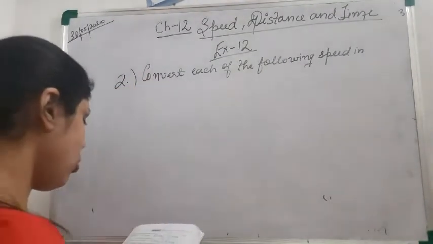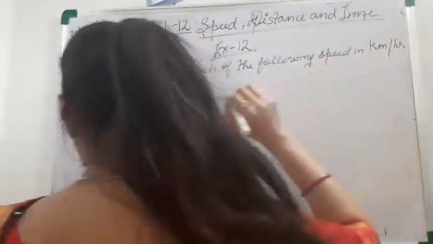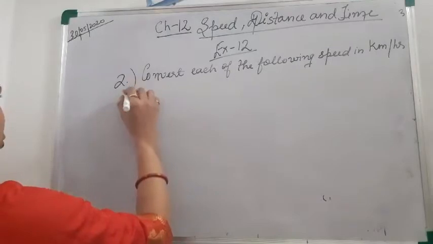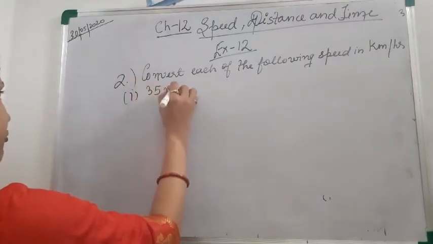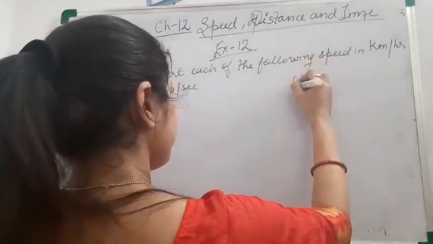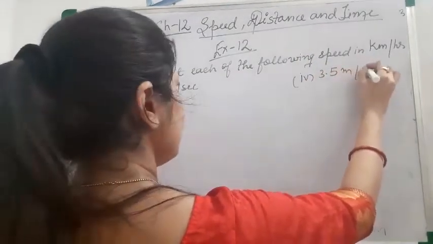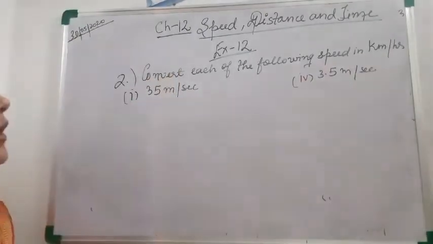Convert each of the following speeds into kilometer per hour. First question: 35 meter per second, and fourth question is 3.5 meter per second. Now you have to convert meter per second into kilometer per hour.